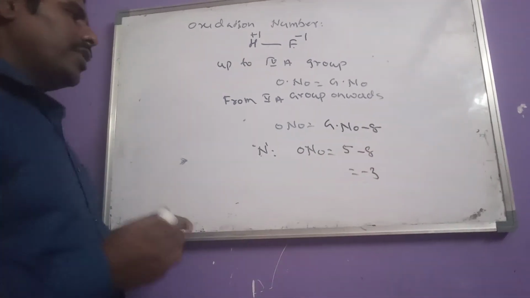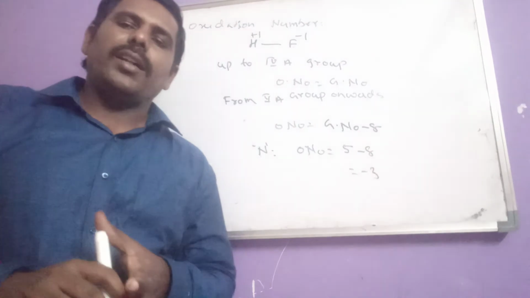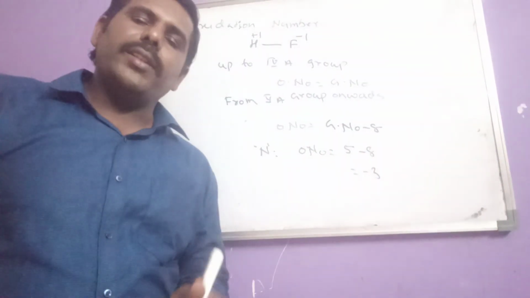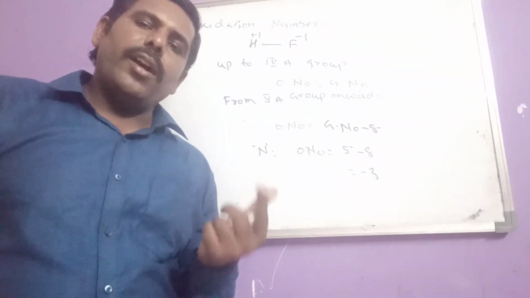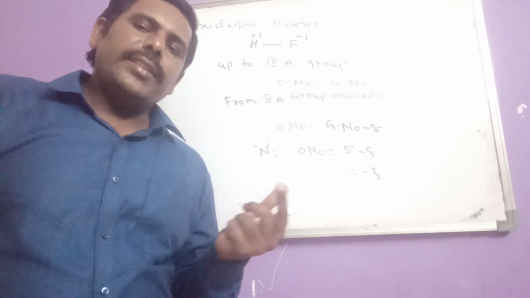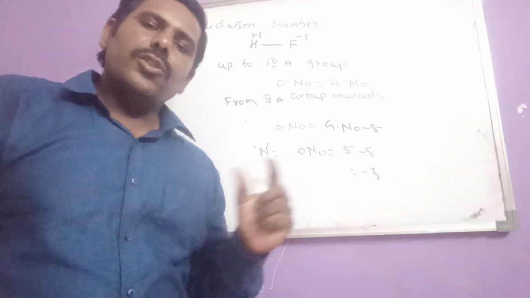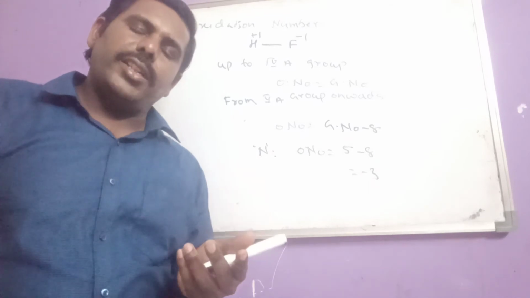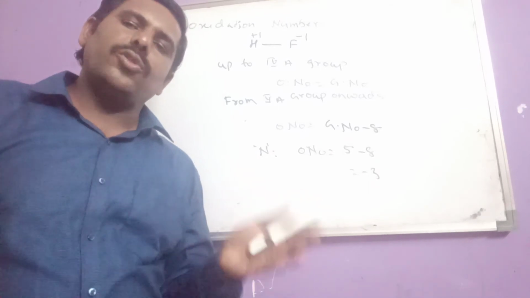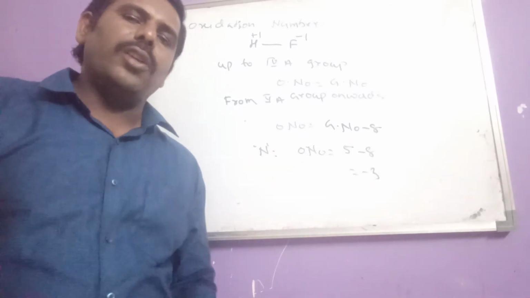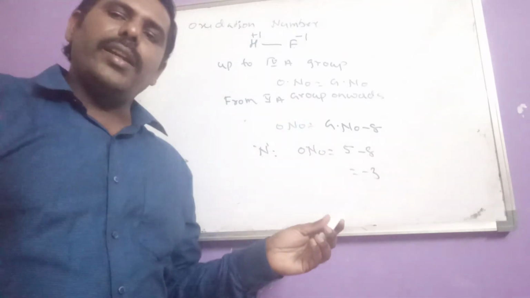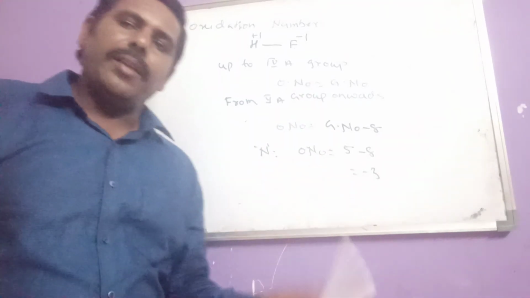So nitrogen oxidation state or oxidation number is -3. If you come to oxygen, as it belongs to 6th A group, 6 minus 8. So oxygen's common oxidation number is -2. Like that we have to calculate oxidation numbers of different elements.